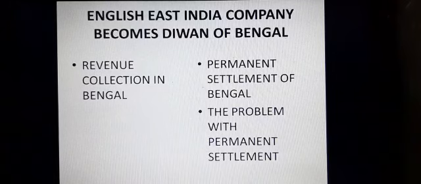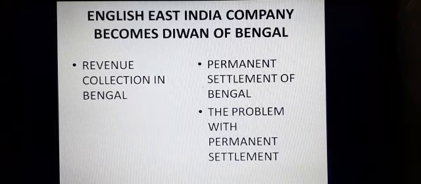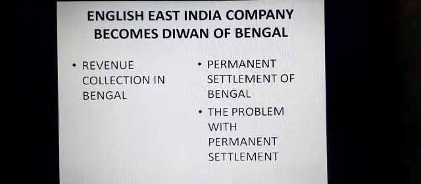But during the first half of the 19th century, the situation changed in those areas. Cultivation increased, but the zamindars had the benefits as the company couldn't increase the revenue fixed by them permanently. So even after having the benefit of surplus, the zamindars didn't improve the quality of land.